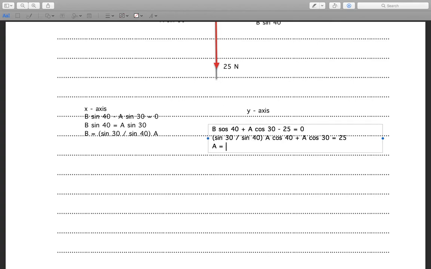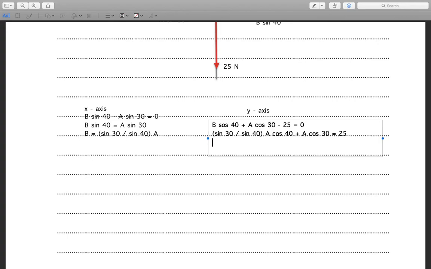A equals... sorry, we calculate first with my handphone.